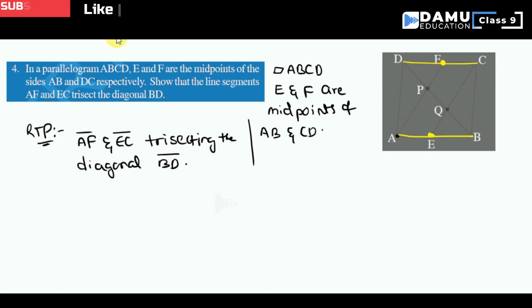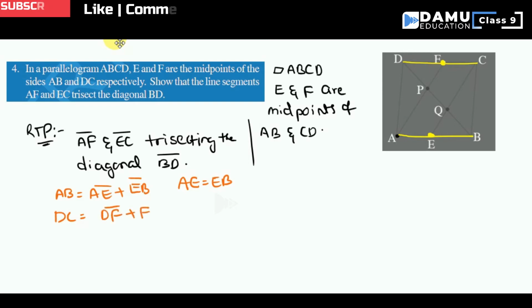Midpoints means you can write one condition here: AB is equal to AE plus EB, so AE is equal to EB. Both are equal. Then DC will be equal to DF plus FC, so DF will be equal to FC. So these are the midpoints, right? For that, these two sides are going to divide each other.